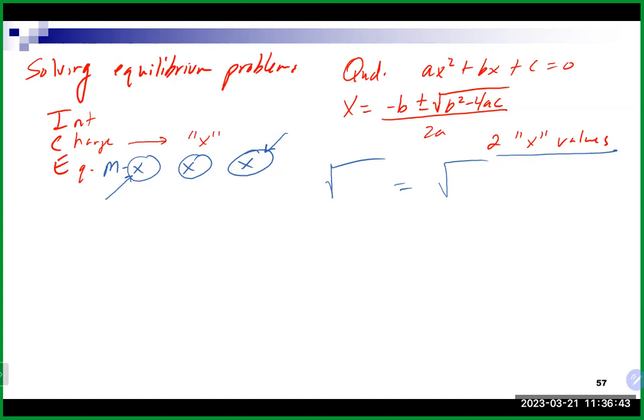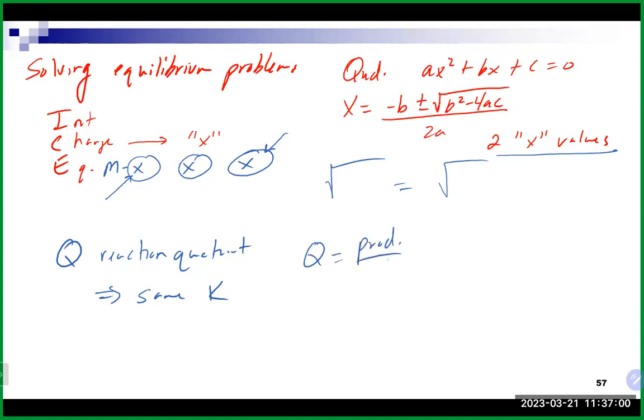We also talked about Q last time, perhaps. Q is the reaction quotient, and it is calculated the same as K, so you do the exact same thing. Q is your products over your reactants, with your coefficients as well. We can use Q and compare it to K to decide if we're at equilibrium.